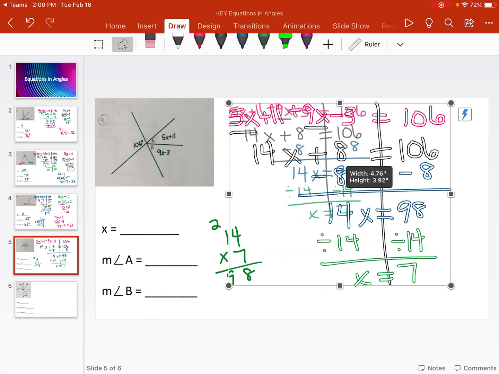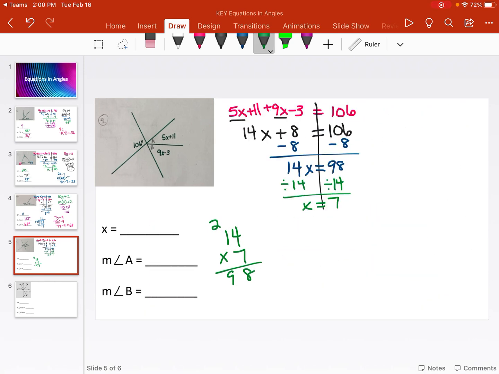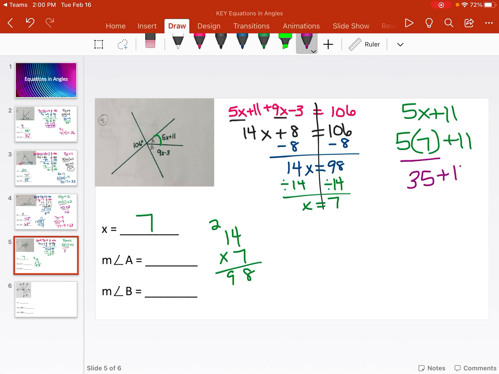Okay, shrink it down so we can find our other pieces. So angle A right here is 5x plus 11. I now know that x is 7, so 5 times 7 plus 11. 5 times 7 is 35, plus 11 is 46.